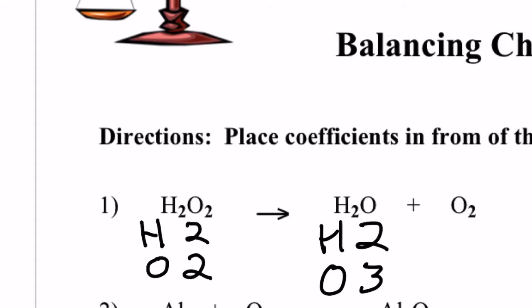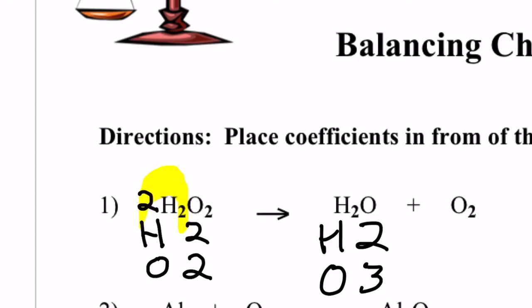The numbers have to go in front of the compound. So I'm just going to pick 2. Now, the coefficient tells you how many of this whole compound there are. So there are 2 H2O2 molecules in each reaction, if this is correct. That tells me that I multiply the coefficient by the subscript.